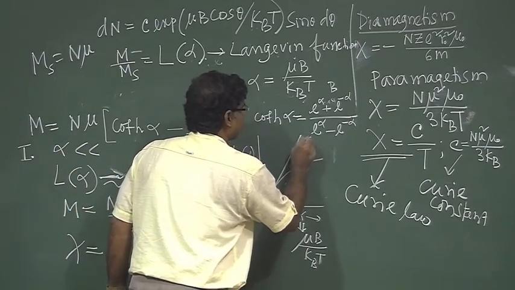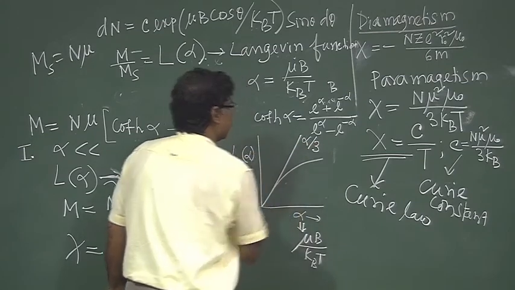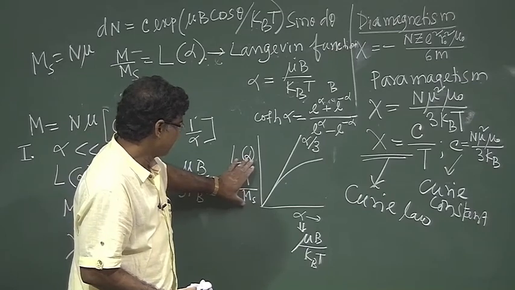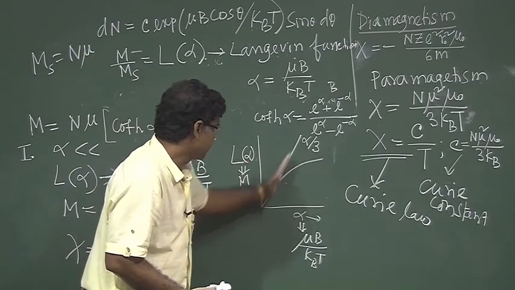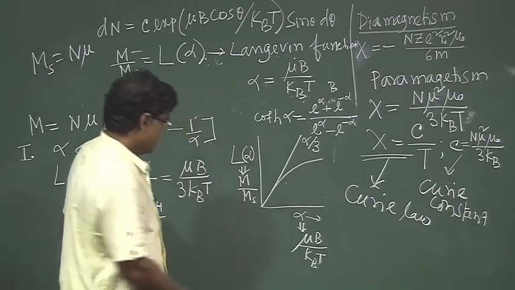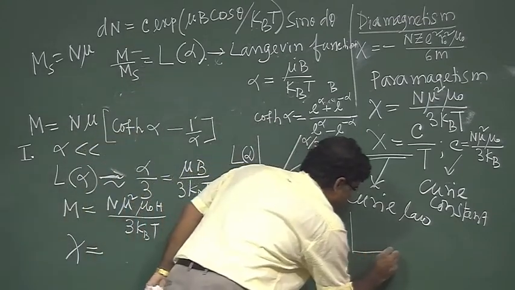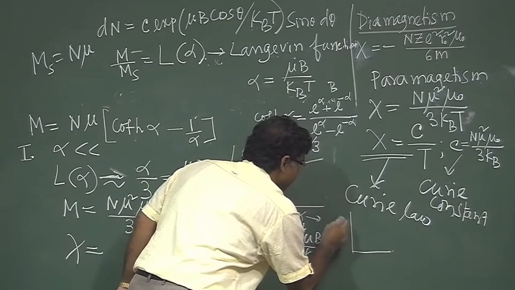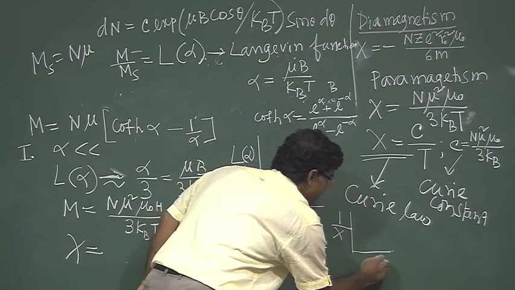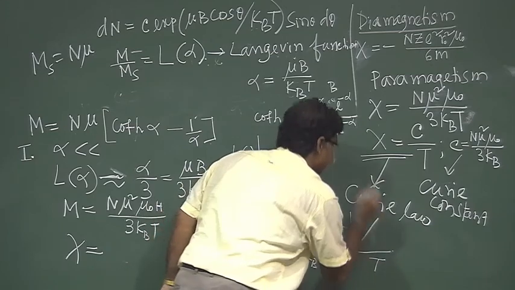This is the curve for alpha by 3. Paramagnetism varies following this curve. If you plot 1 by chi versus T, you will get a straight line.